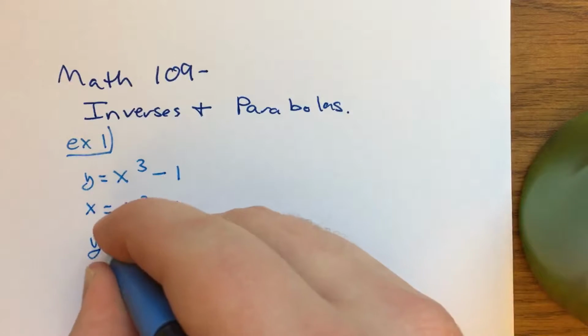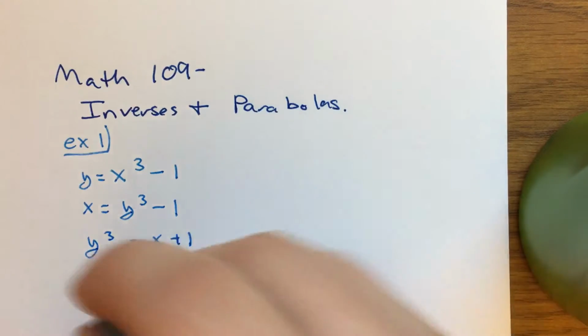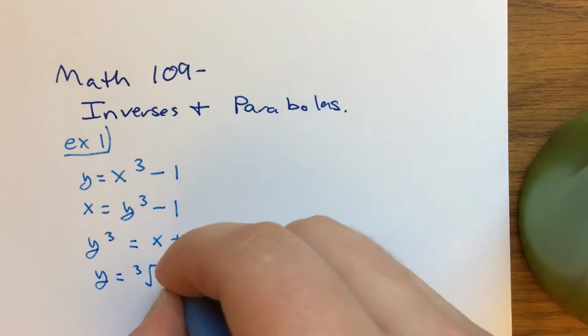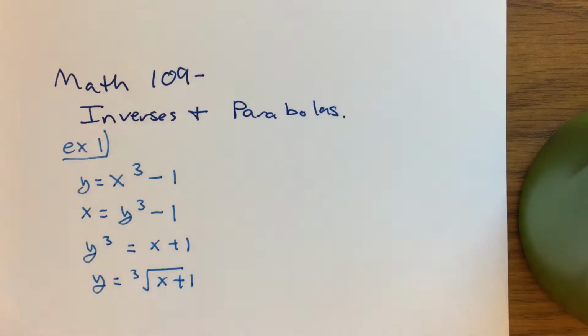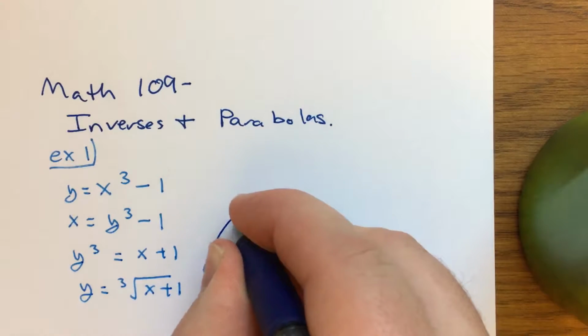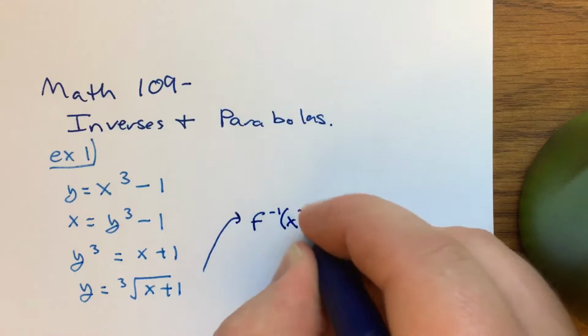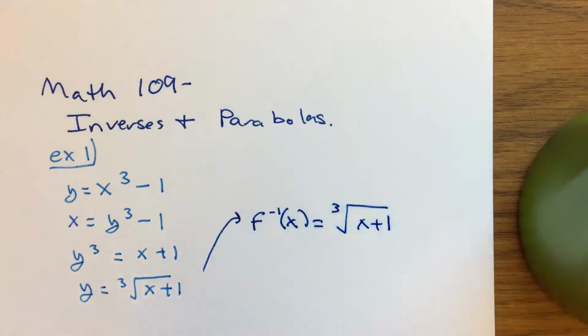So we're going to get y cubed is equal to x plus 1. And thus, y is equal to the cube root of x plus 1. That can also be written as f inverse of x is equal to the cube root of x plus 1.